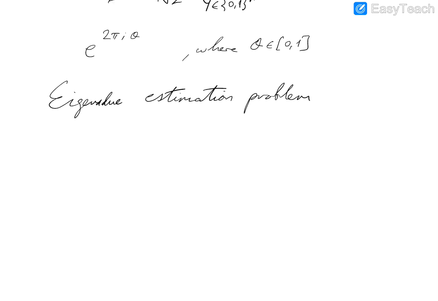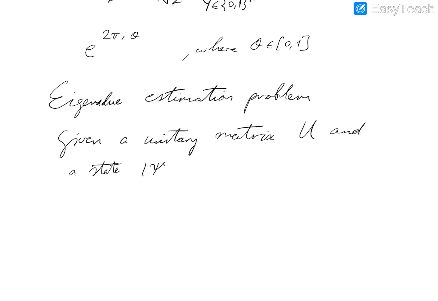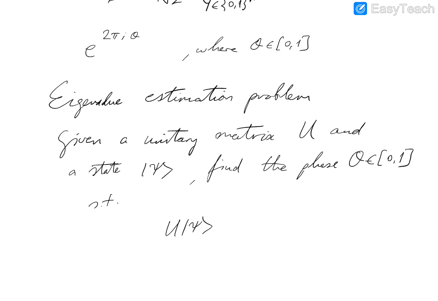Given a unitary matrix, call it U, and a quantum state psi, we want to find the phase value theta, with high probability and perhaps with a small amount of error, such that U times psi is equal to e to the power 2 pi i theta times psi.